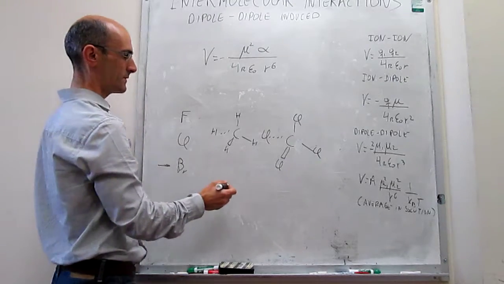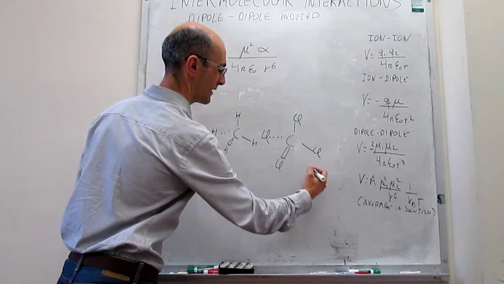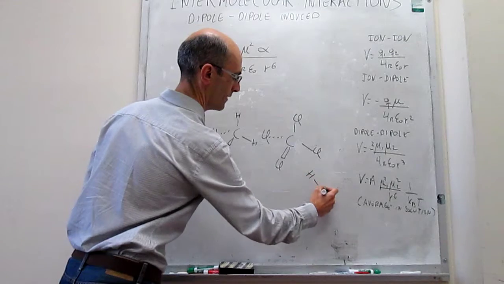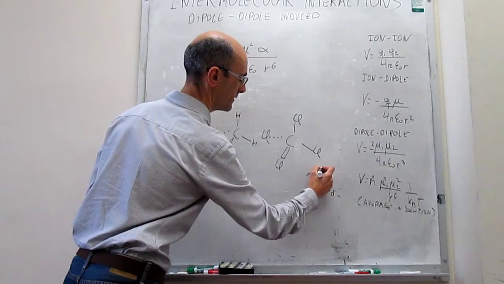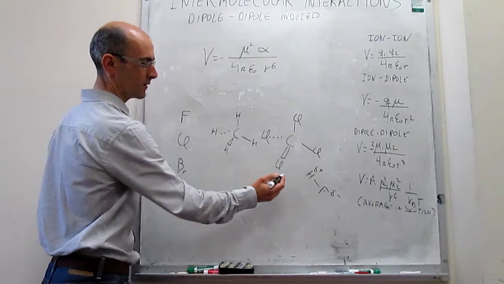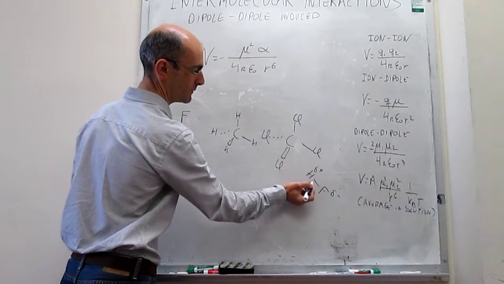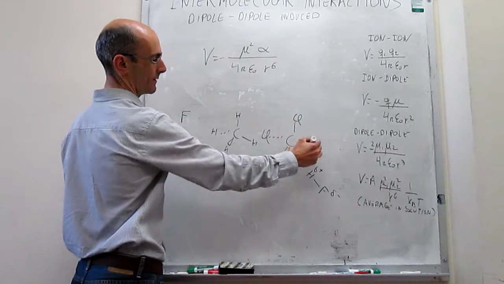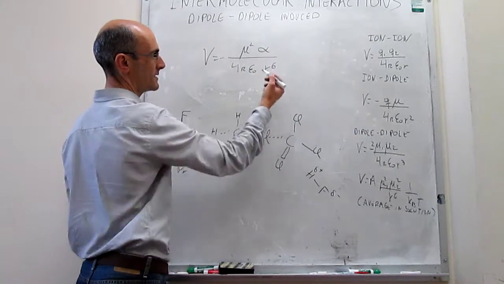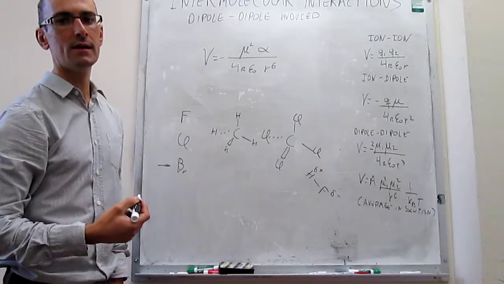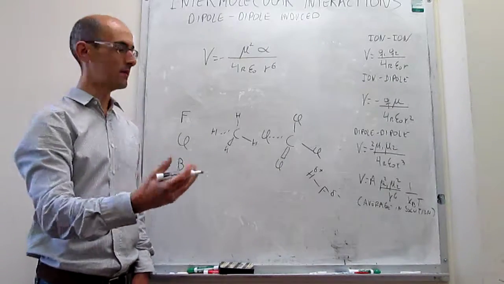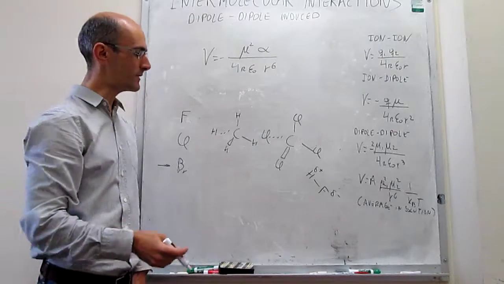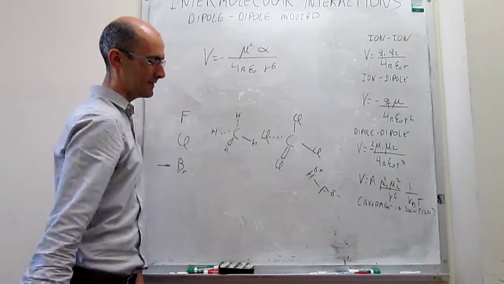So the interaction of, say, a dipolar molecule like HF, which has a negative end and a positive end, is going to be equal to the dipole moment of this molecule squared, which is what we have right here, multiplied by the polarizability, which is this alpha term, and that depends on the ability of the electronic cloud of this apolar molecule to deform in the presence of an external dipole moment.